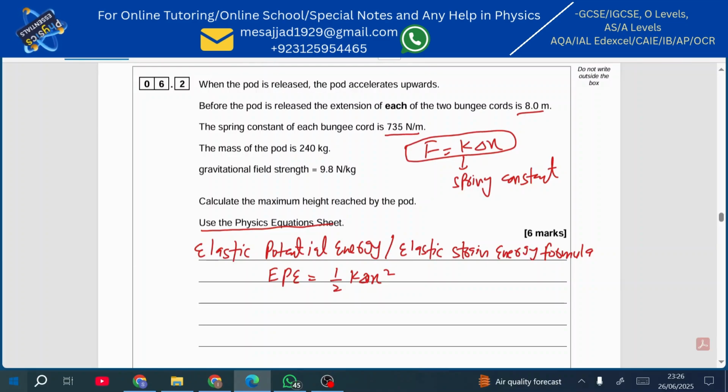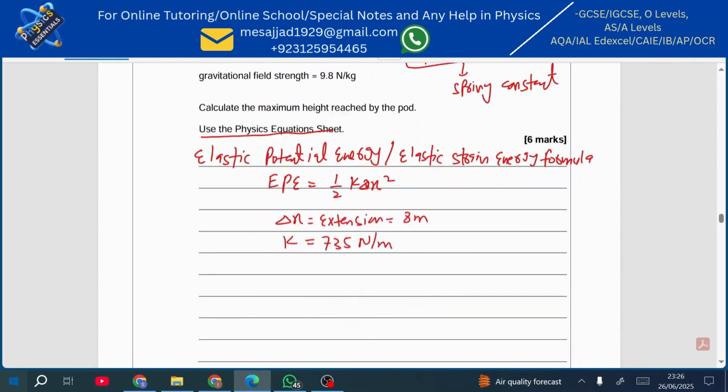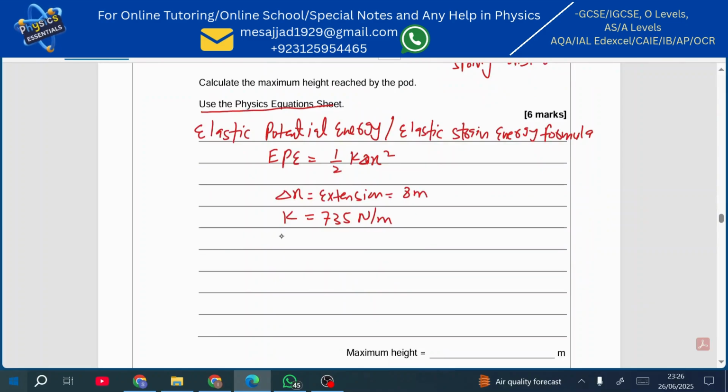And the extension that was given to us is 8 meters, and the spring constant is 735 Newton per meter. All you need to do is plug in the values in the above formula: 735 and 8 squared, and the elastic potential energy is going to be 23,502 joules, and that is for one rope.